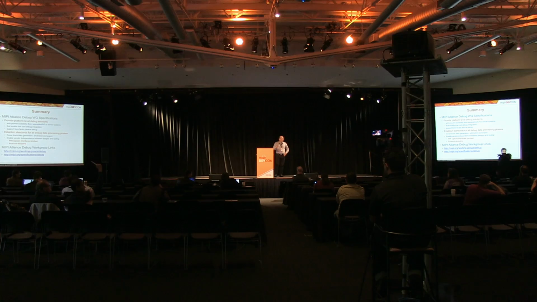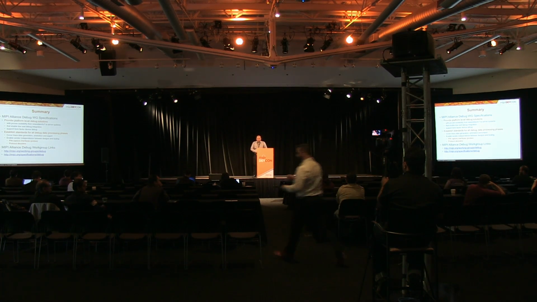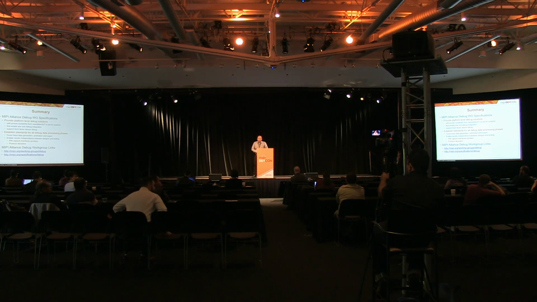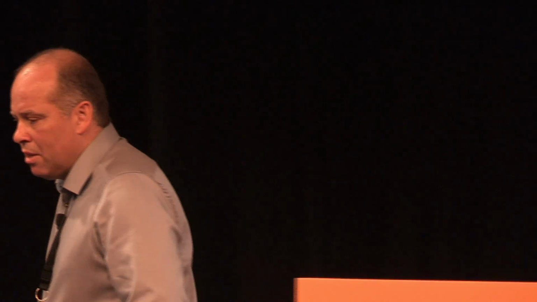One back here in the back. Yeah, for some of the software tracing, you said the compiler needed to be modified. So do you have any existing compilers that have been modified for this purpose? You don't require the compiler to be modified. You can.